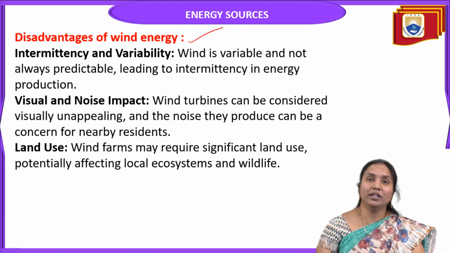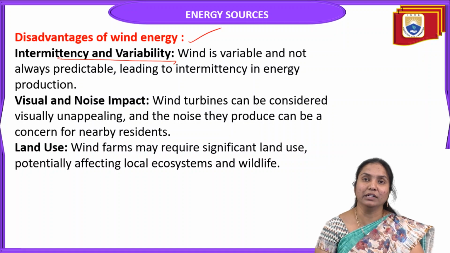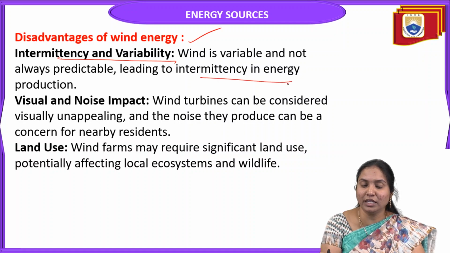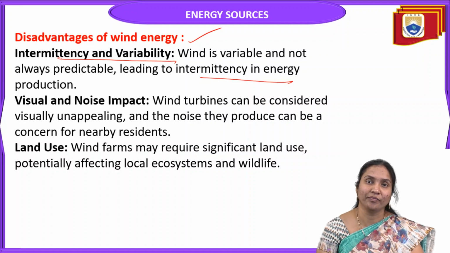So what are the disadvantages of wind energy? Intermittency and variability: wind is variable and not always predictable, leading to intermittency in energy production. We cannot predict when wind comes.